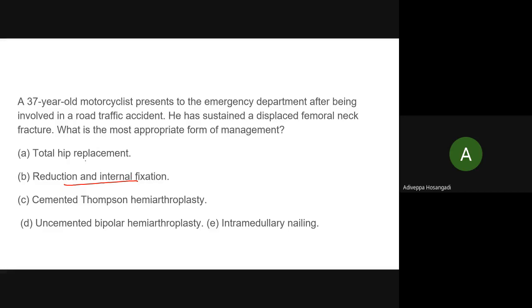So when do you do total hip replacement? If the patient is much older than 60 years, and if there is arthritis on the acetabular side, then you have to do a total hip replacement. Answer for the young patient with fracture neck femur, in a nutshell: the treatment is to reduce and internally fix it.